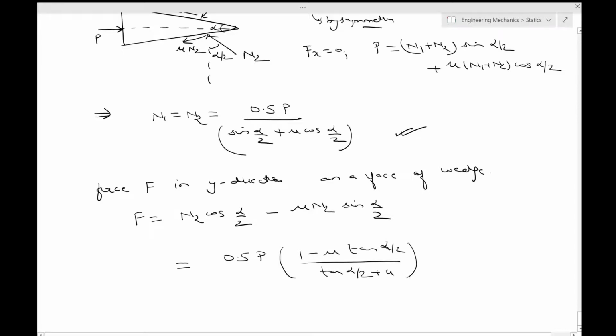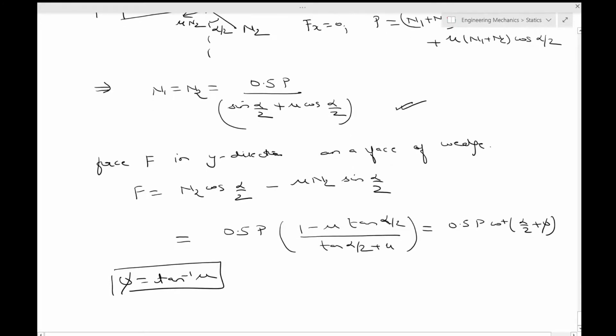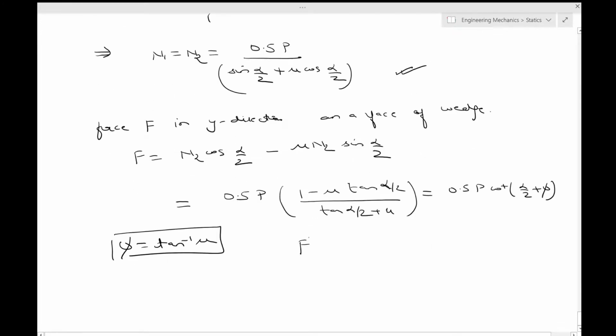So one of the things which you should note is that we are not actually making the assumption of alpha being really small until we need it at the end. Okay, so 0.5 P cot (alpha by 2 plus phi). Phi, as you know, is tan inverse mu, the friction angle. So if you see the ratio of F by P, that is equal to 0.5 cot (alpha by 2 plus phi).